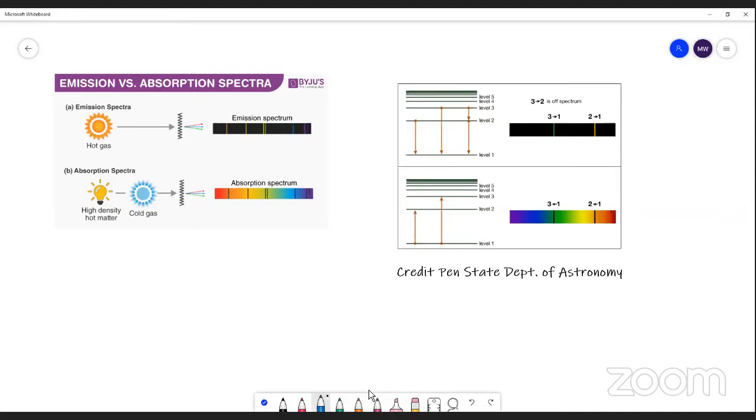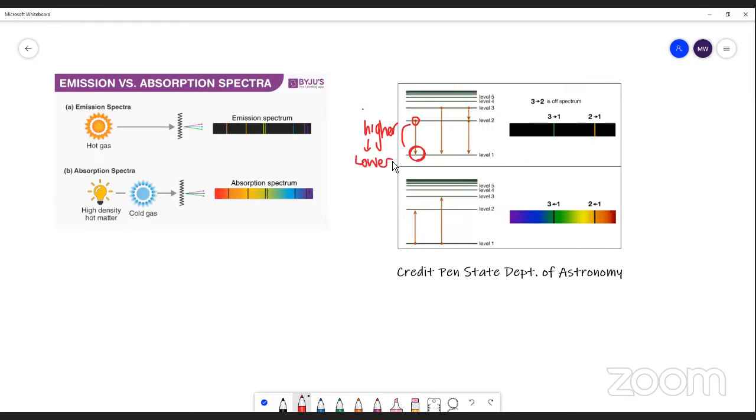An emission spectrum, if you look at this picture, is when you go from the higher energy level to the lower energy level. So you go from level 2 to the ground state. Higher to lower, that is emission spectrum.